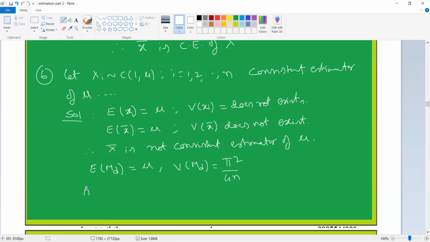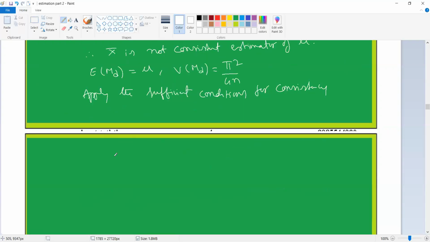By applying this, apply the sufficient conditions for consistency. As n tends to infinity, expectation of median tends to mu.